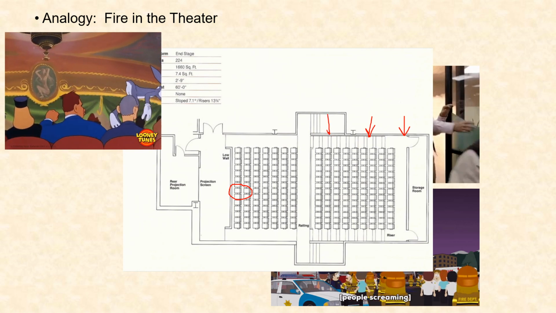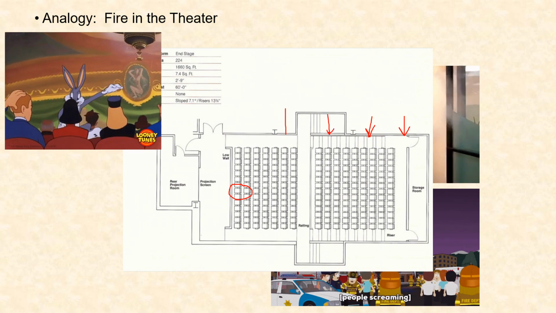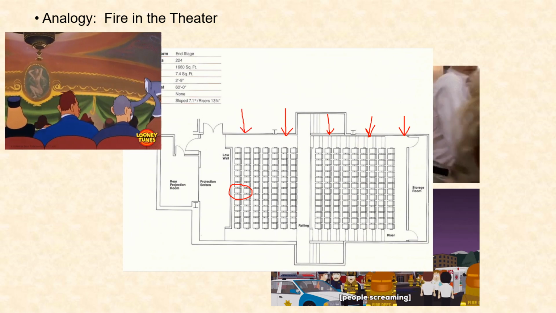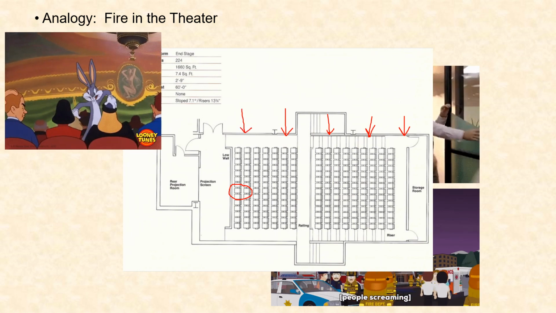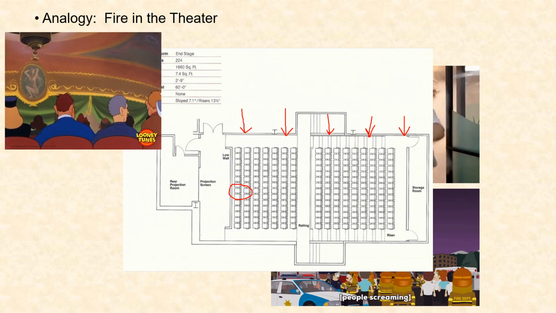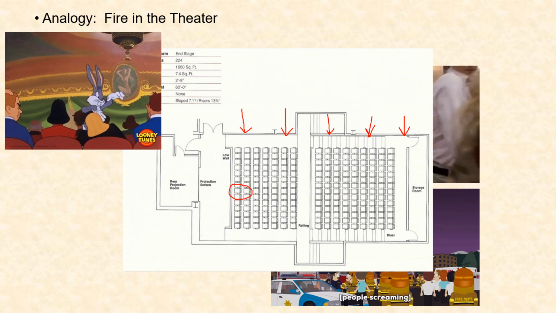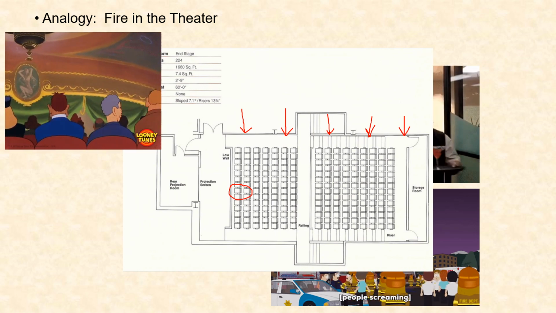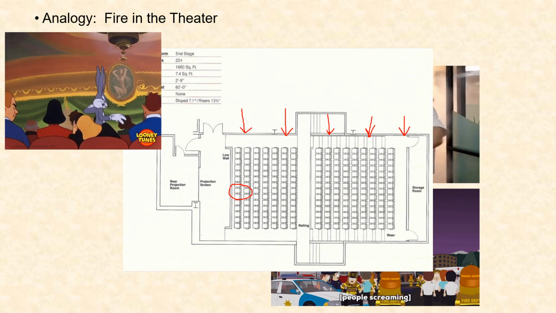But as we start to open more and more of these side exit doors, there become more and more pathways for exiting the theater, and it's going to make it a lot easier for you, the charge carrier, to get out of the theater in a quicker fashion.